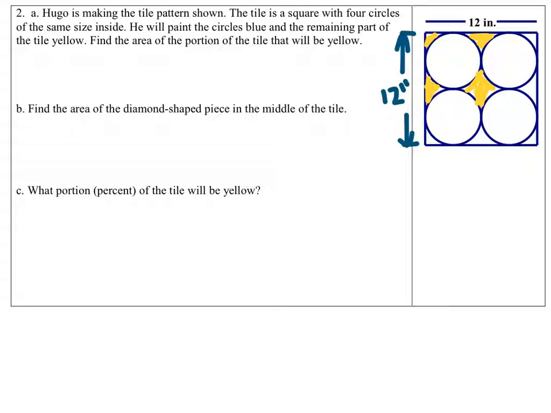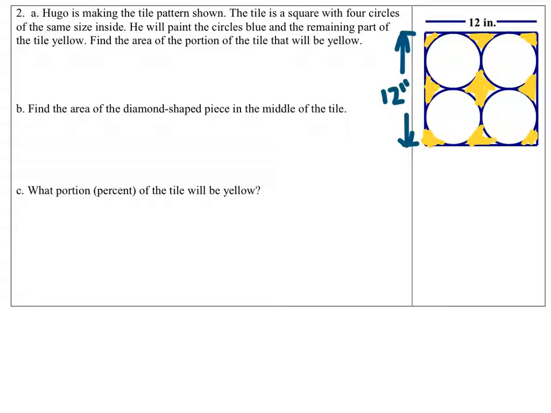This is yellow. Now these are very strange shapes which we haven't dealt with yet, which is why we're not going to find the area of each of these individually, then add them. What we need is to find the area of the square and then subtract the area of the circles, all 4 of them.